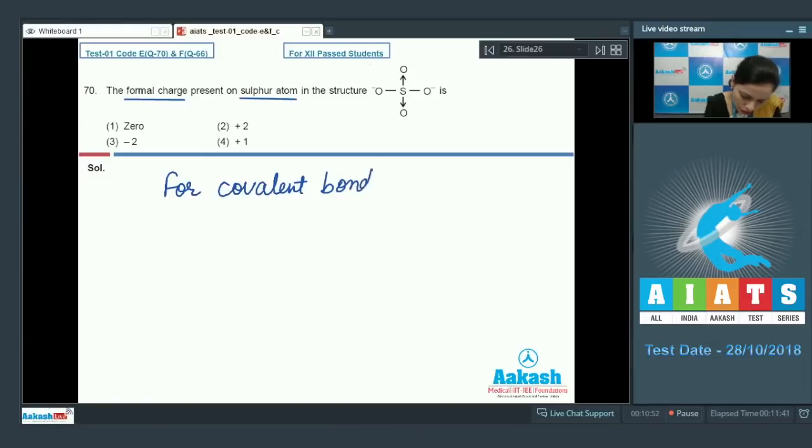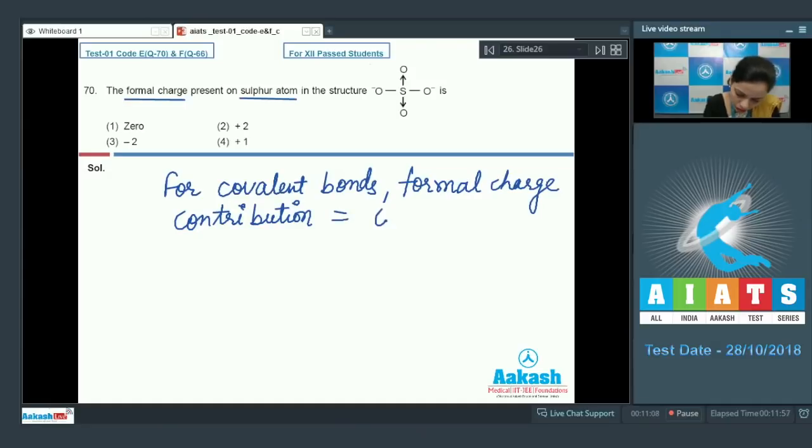Now, for covalent bonds, contribution towards formal charge is 0.